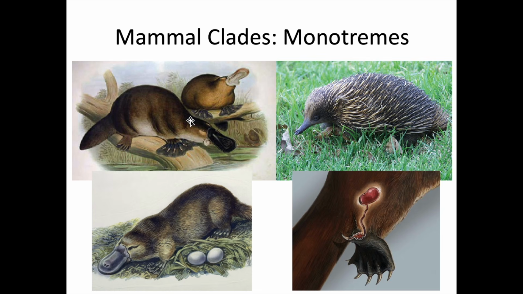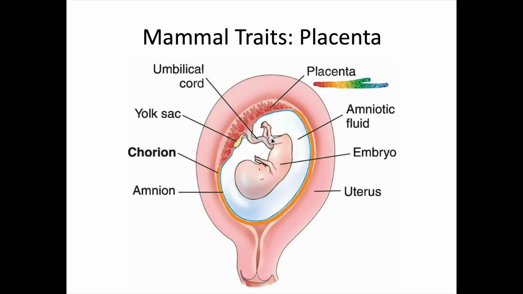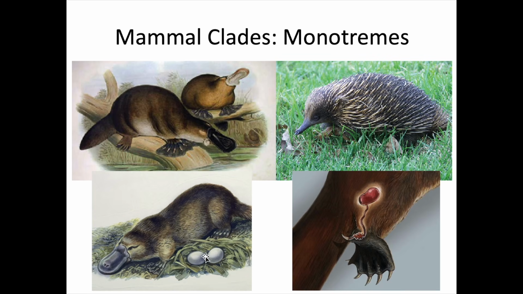These are weird mammals because even though I just mentioned that the placenta allows us to be really good at giving birth to live young, these monotremes lay shelled eggs. There is a primitive version of the placenta inside of this egg.